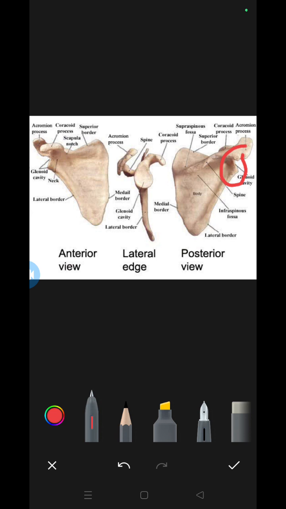And then the dorsal surface is convex and is divided by the triangular spine into supraspinous fossa and infraspinous fossa.